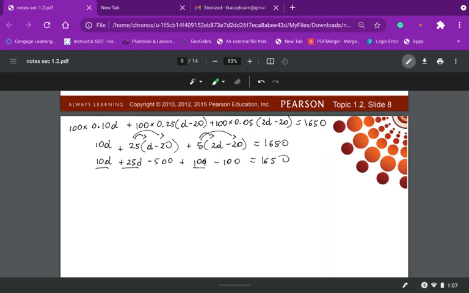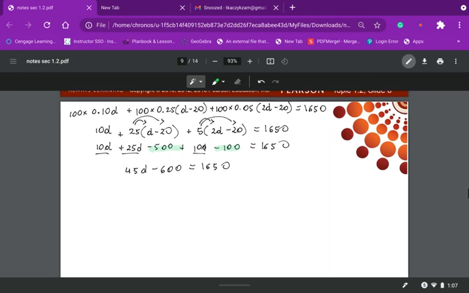We have 35D plus 10D, which is 45D. Then negative 500 and negative 100 make negative 600, equals 1,650.